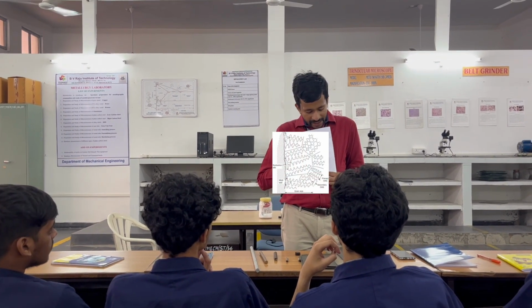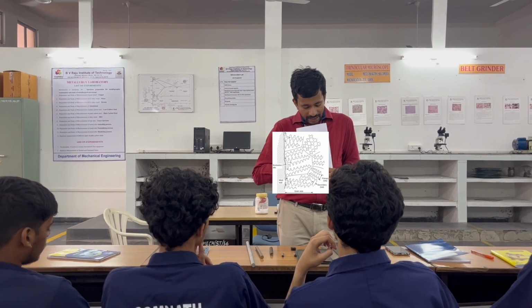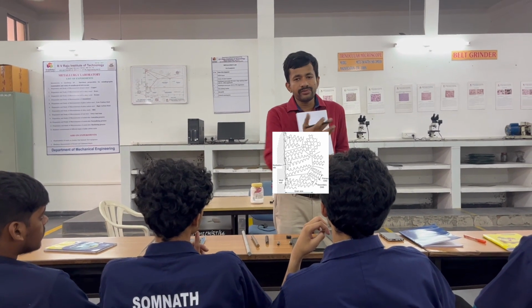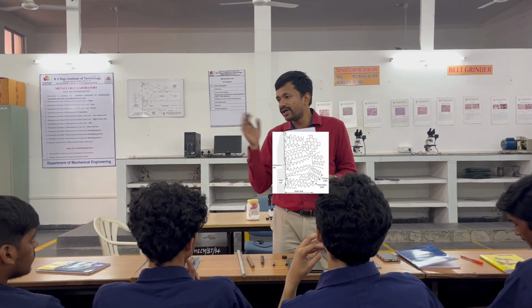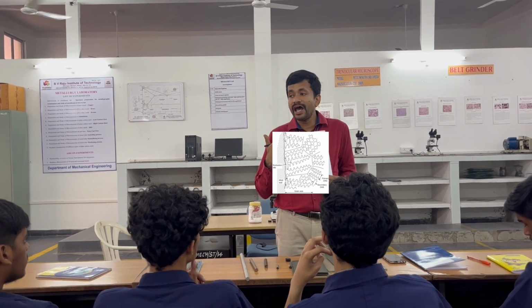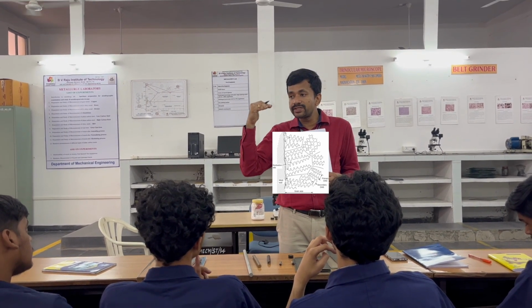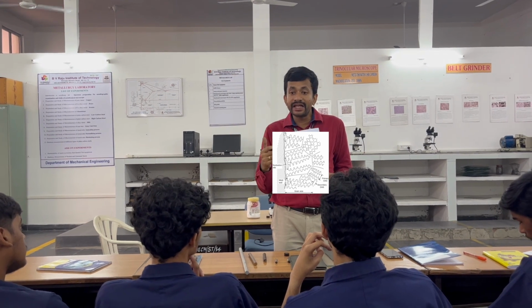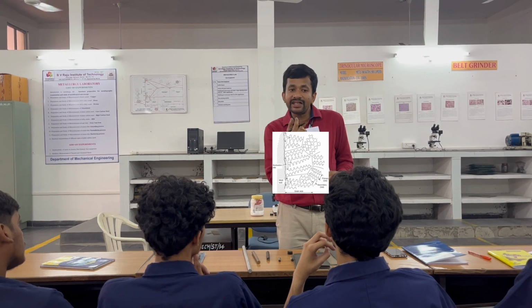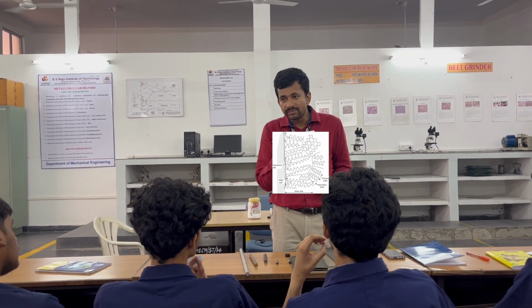So let us say this is the liquid stage where my atoms are randomly arranged and randomly moving here and there. But slowly when it starts cooling down, what will happen? As the temperature comes down, there will be some stability. So that movement of atoms will slowly come down, isn't it?